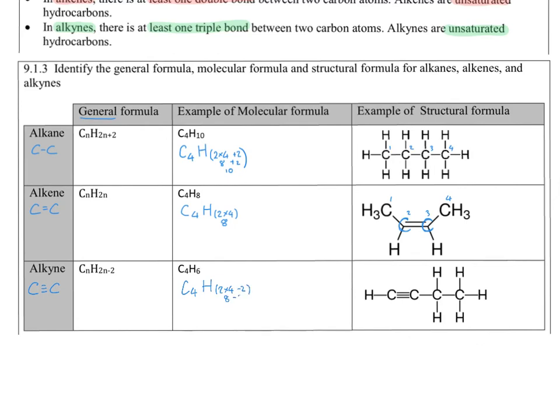So 8 minus 2 is going to give us our 6 hydrogens. We can see our 4 carbons in a row, 1, 2, 3, 4. We've got our triple bond here. And if we count around each of our carbons, we can see that there are 4 bonds. So this is how you can identify between alkanes, alkenes, and alkynes.